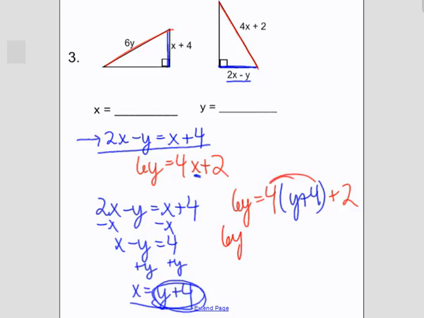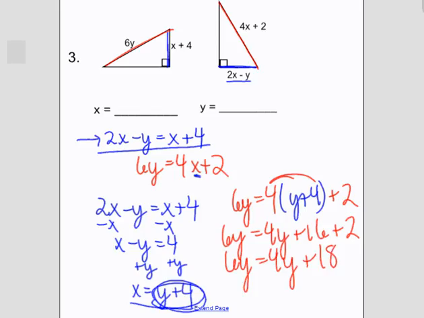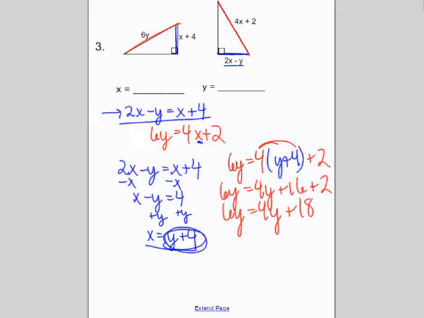I get 6y equaling 4y plus 16. I'm going to combine like terms. I'm going to move over the 4y, and then divide by 2. So my y is 9.